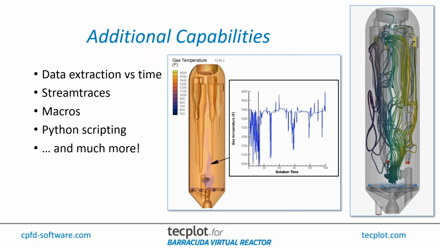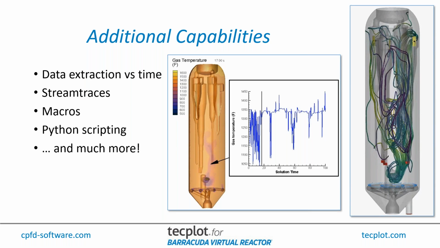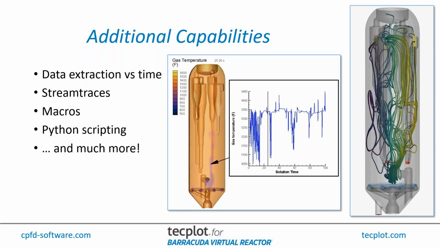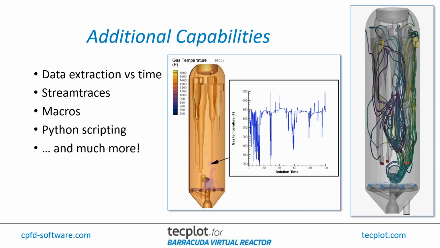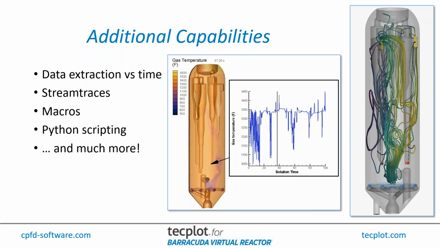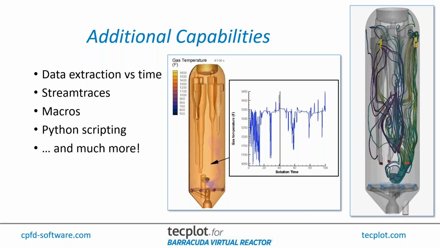We looked at extracting data at a single point in time, also a single instance in time through a spatial distance. But it's also possible to extract data at a single point in space over many time points.